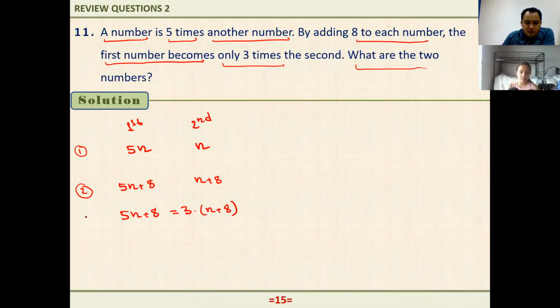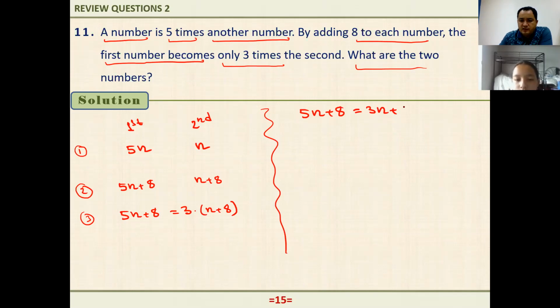So now we got our equation here. We know how to solve this. Okay, here we have 5n plus 8, and if you expand this, we have 3 times n plus 3 times 8, 24. Here we have a term which has the unknown. Take it to the left-hand side, 5n minus 3n.